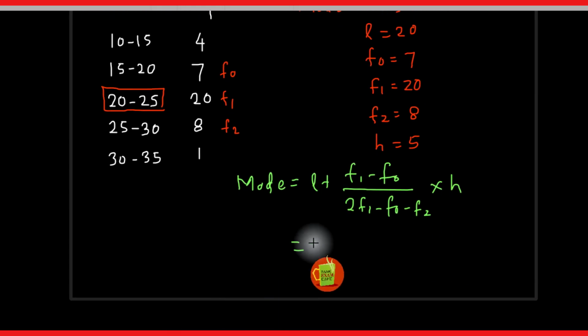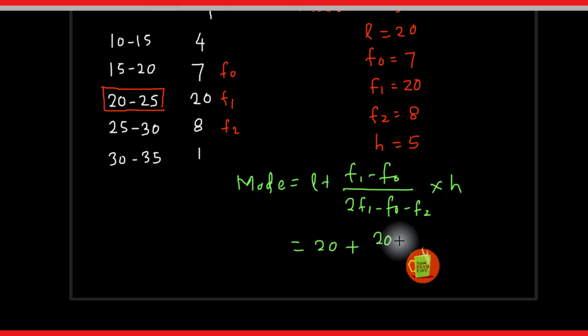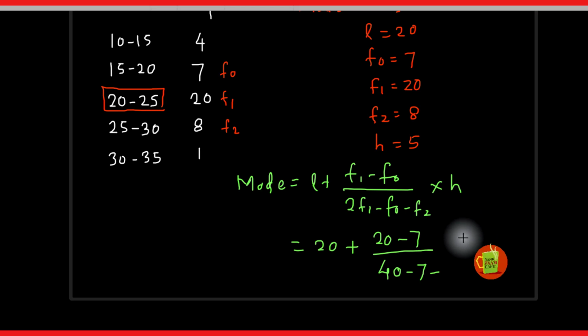So here mode is equal to L, which is 20, plus F1 minus F0, that is 20 minus 7, upon twice of F1, F1 is 20, so double that is 40, minus F0 that is minus 7, and minus F2 that is minus 8, multiplied by H, and H is 5.